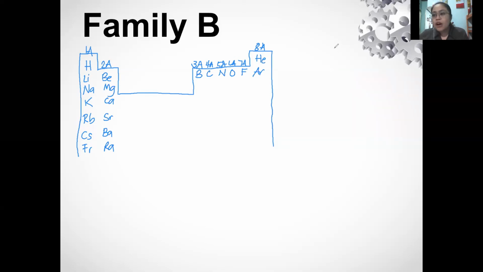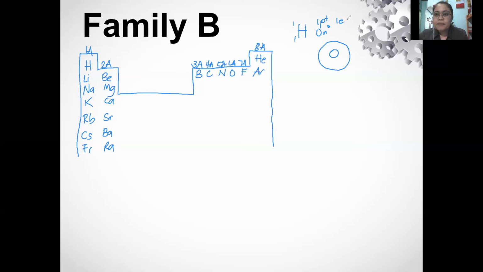And then we learned also that it belongs to period 1, which means you have a nucleus and you have one energy shell. Now, looking back on the atomic number and atomic mass of hydrogen, we have 1 and 1, which means it has one proton, it has no neutron, and since this has no charge, it means pantay lang yung protons and electrons.